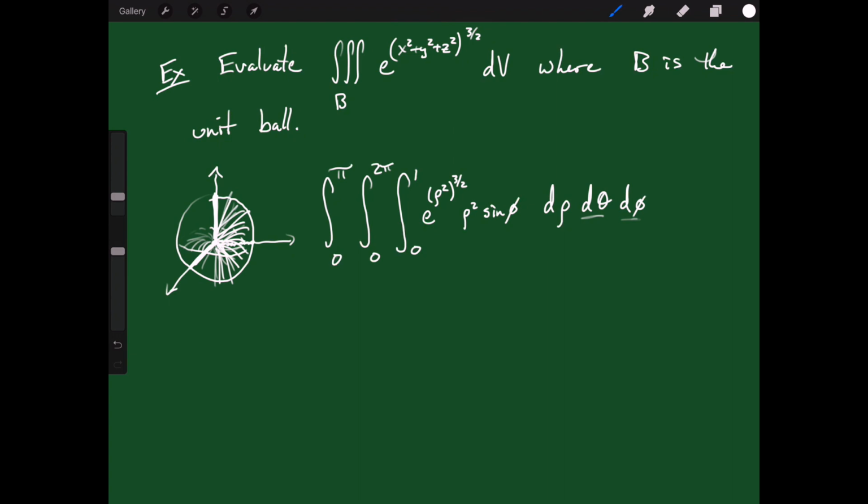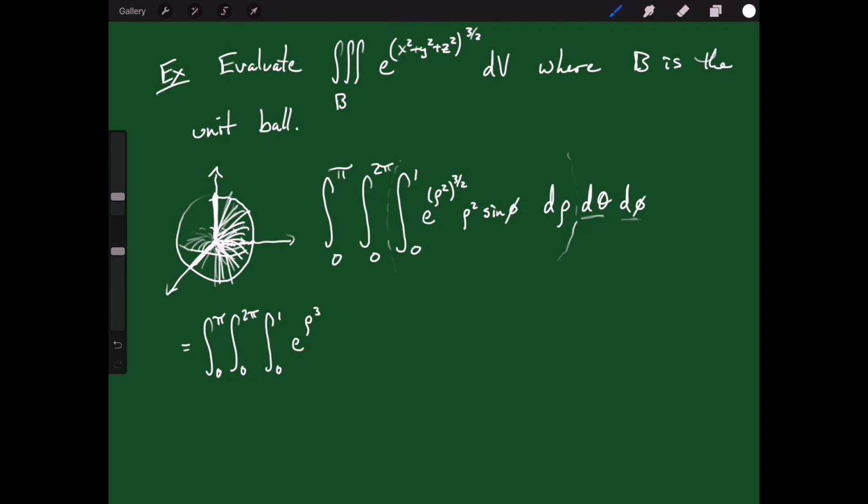Okay, so let's do the integral first. So this is going to be the integral from 0 to pi, integral from 0 to 2 pi of, okay, to take this inner integral, maybe I should even simplify it a little bit first, because I could write this as the integral from 0 to 1 of e to the rho cubed, right?